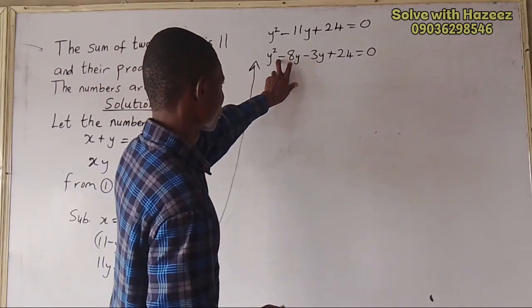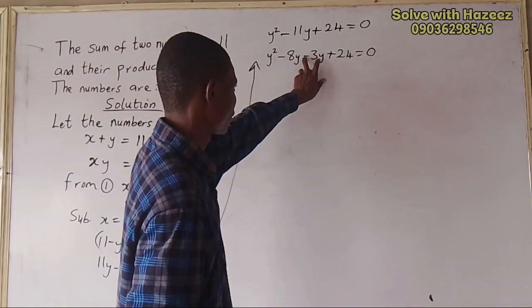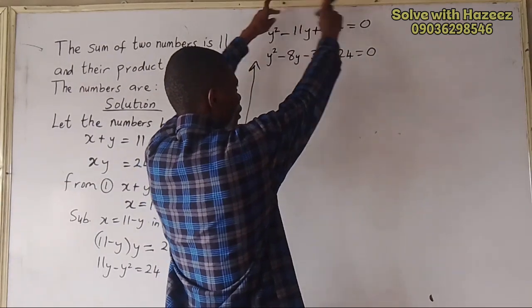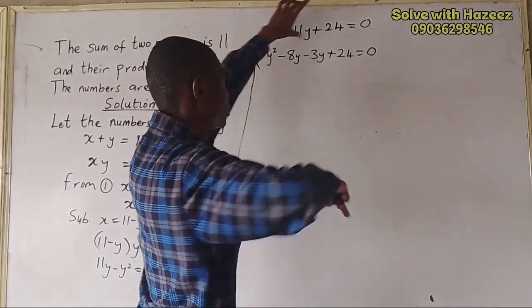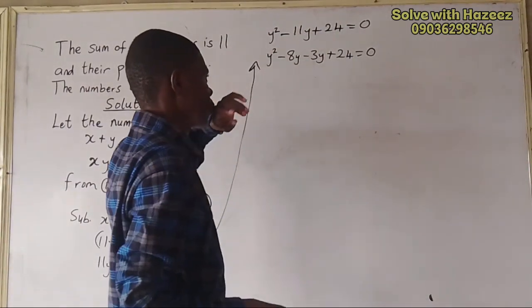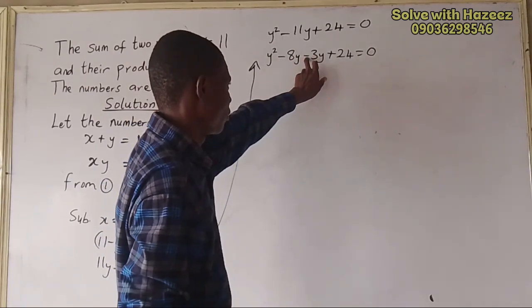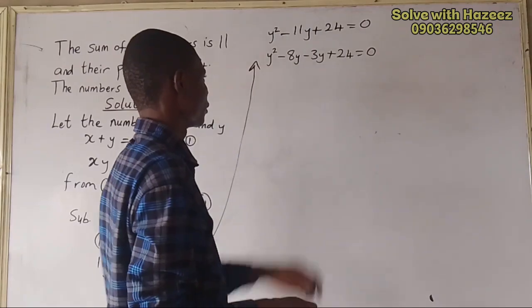Because minus 8y multiplied by minus 3y is the product of the first and the last term, which is 24y squared. Then if we add minus 8y minus 3y, it is going to be 11y.